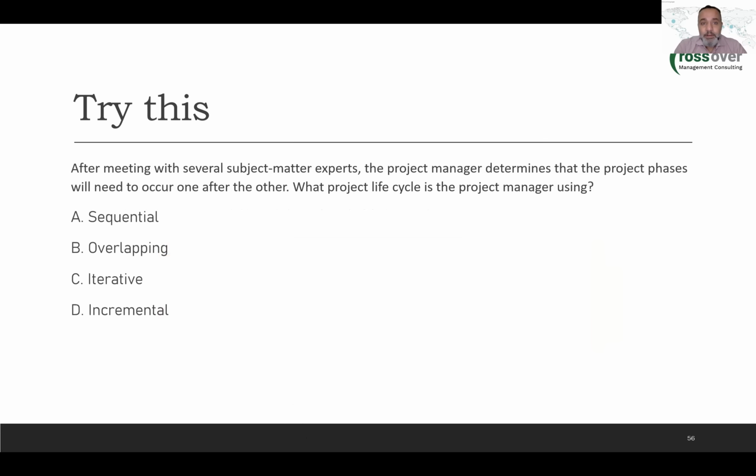After meeting with several subject matter experts, the project manager determines that the project phases will need to occur one after another. What project life cycle is the project manager using? Sequential, overlapping, iterative, incremental.